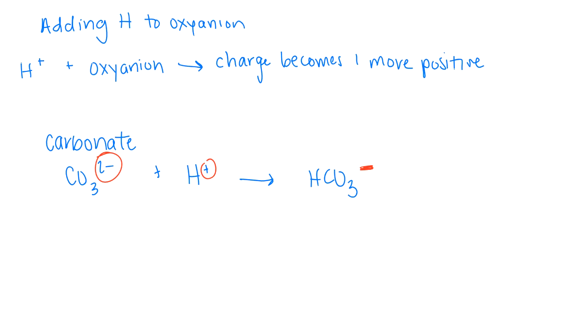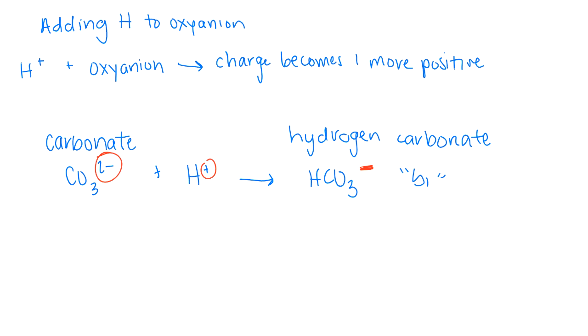And so when we're naming these, all we do is add the word hydrogen in front. So this is called hydrogen carbonate. Another common terminology for it when you're adding a hydrogen is to add bi in front. So this is also known as bicarbonate. Whether you know it as hydrogen carbonate or bicarbonate, you are correct.